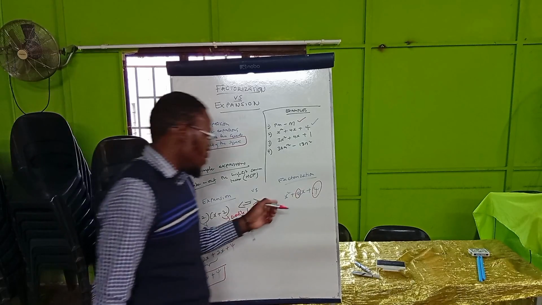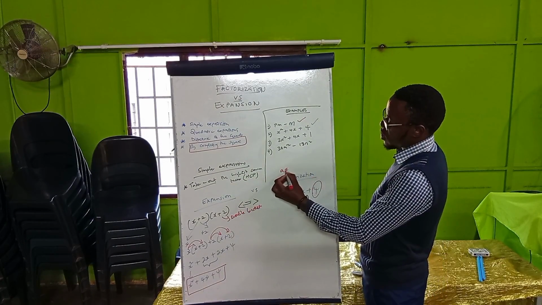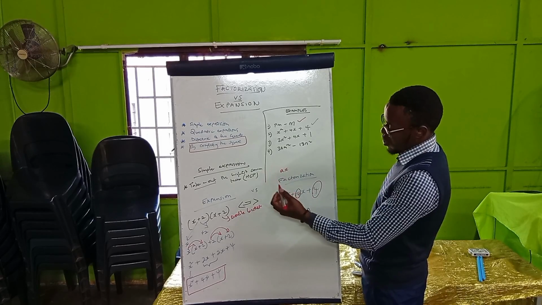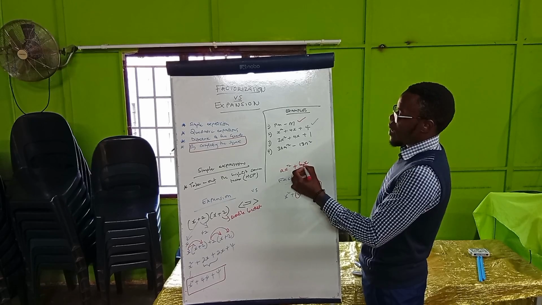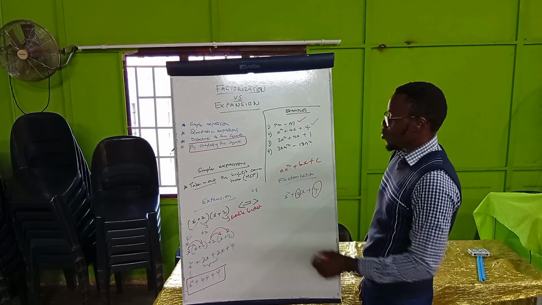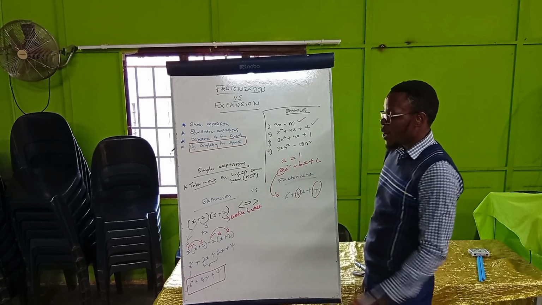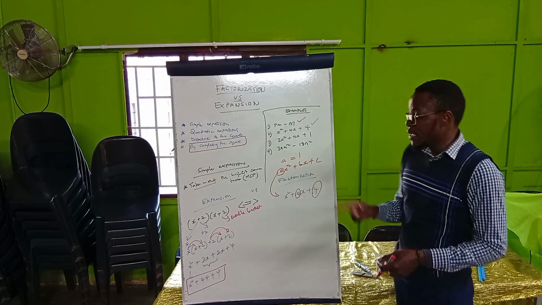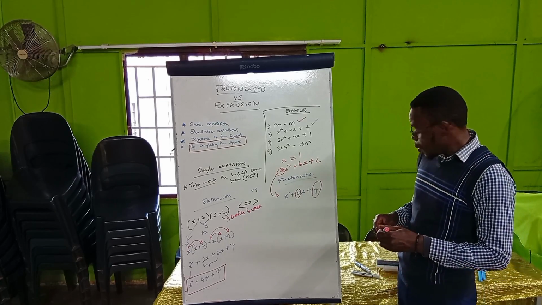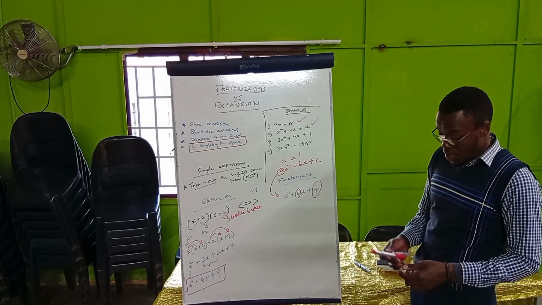Remember, a quadratic expression is always written in the general expression, which says ax squared plus bx plus c. If the value of a is 1, like in this case, we will only focus on the values of b and c. So what is the significance of b and c?